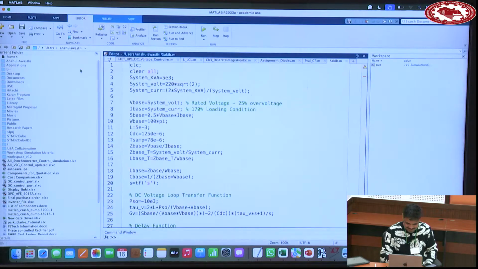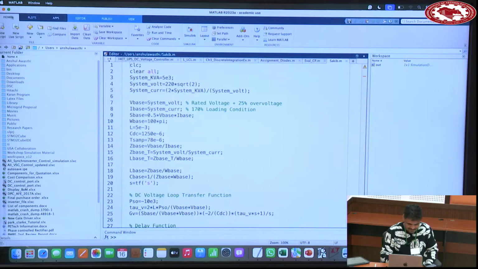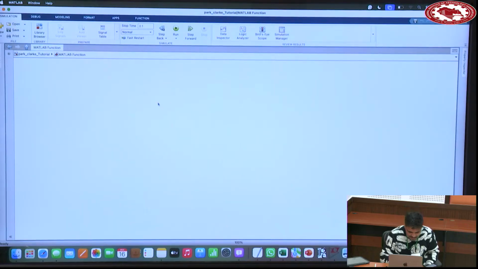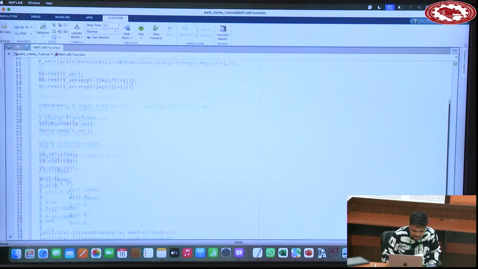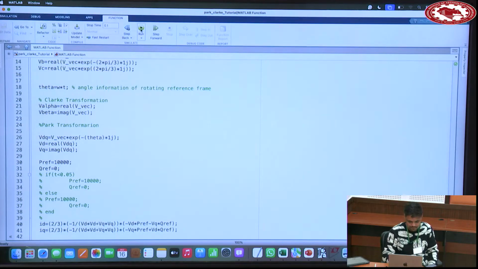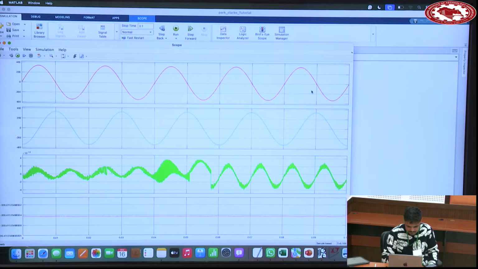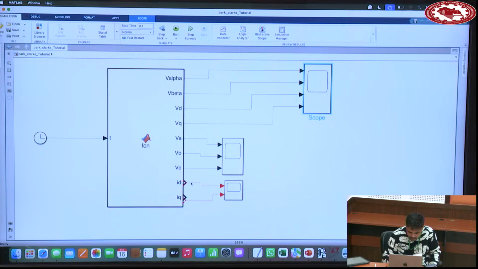I'll have to do it again. I've changed. Okay, I'm running. But this is voltage. I need to connect it.